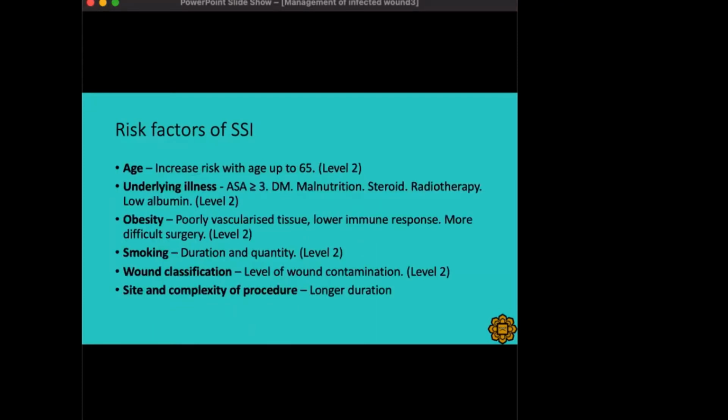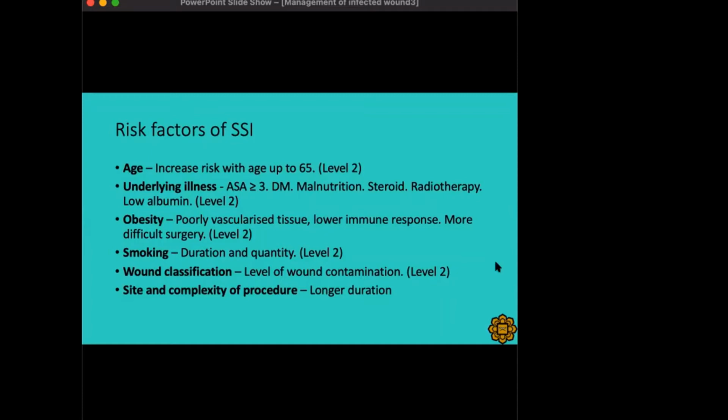Risk factors of SSI, basically these are risk factors for wound healing, really. Increasing age, underlying illness, ASA more than 3, diabetes, malnutrition, steroid, low albumin, radiotherapy, obesity because of poorly vascularized tissue and low immune response, and because of more difficult surgery, so you're at risk of developing SSI.